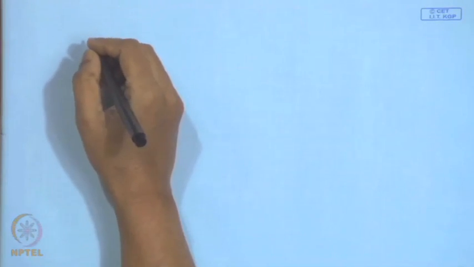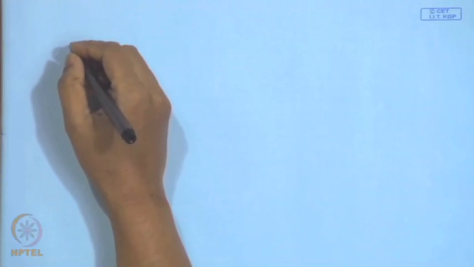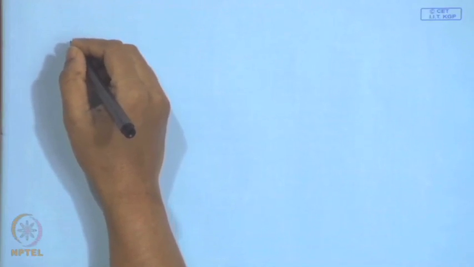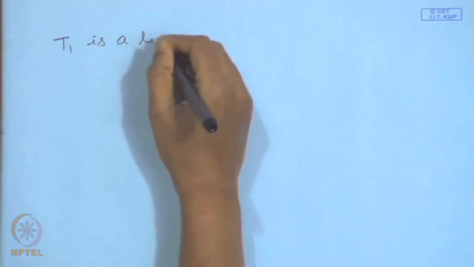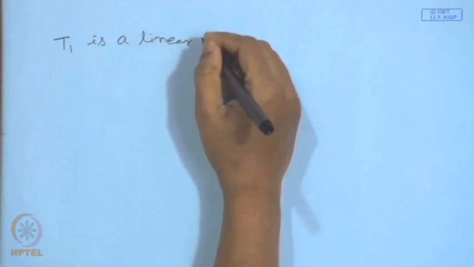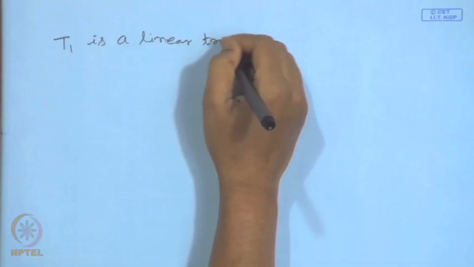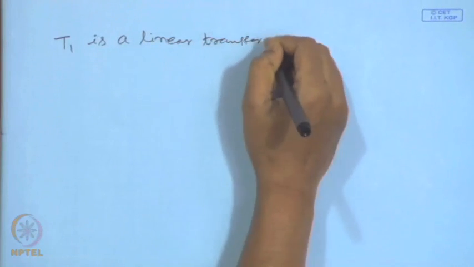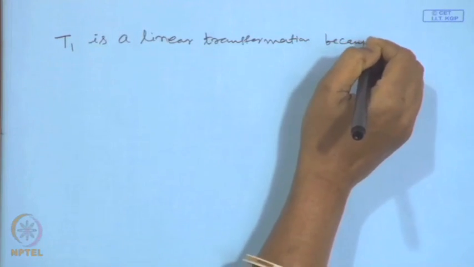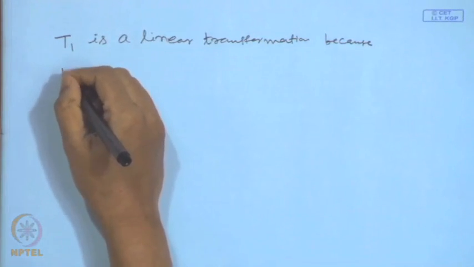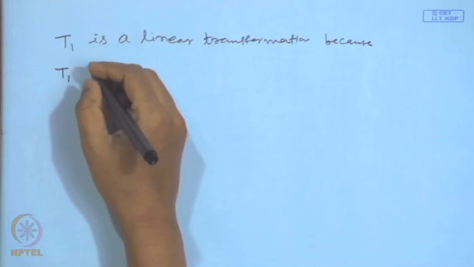So, this T1 is a linear transformation because it preserves addition and scalar multiplication.